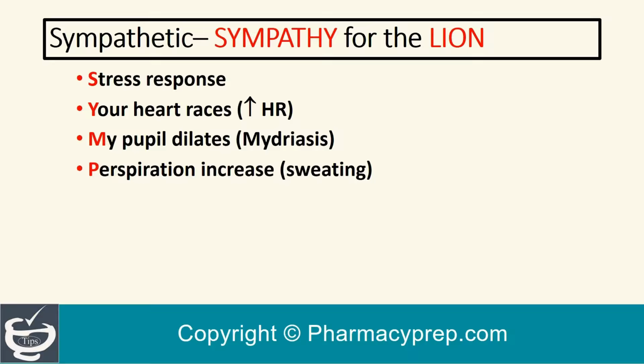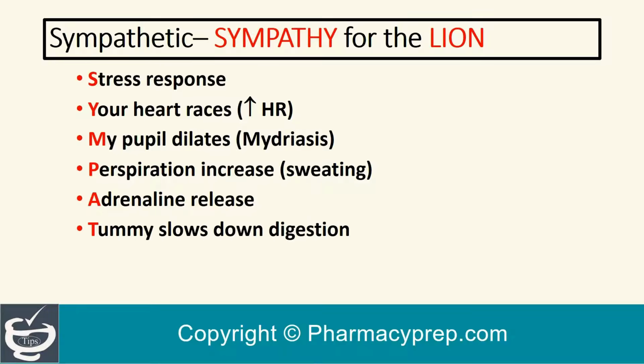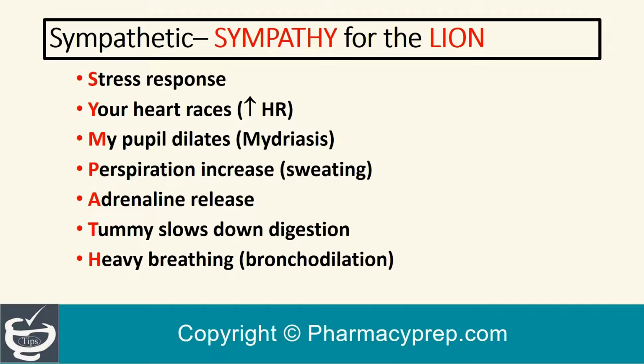Sympathetic system, increased sweating. A for adrenal release. And T in sympathy, T is tummy, slow down the digestion. And H for heavy breathing, which is bronchodilation. And finally, the Y is yes, muscle has more blood.